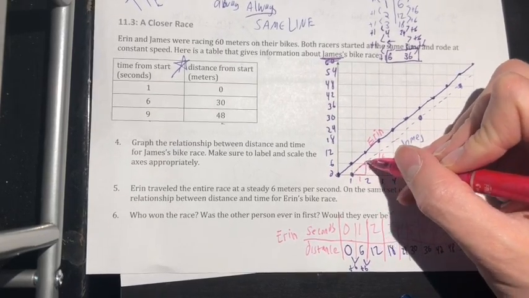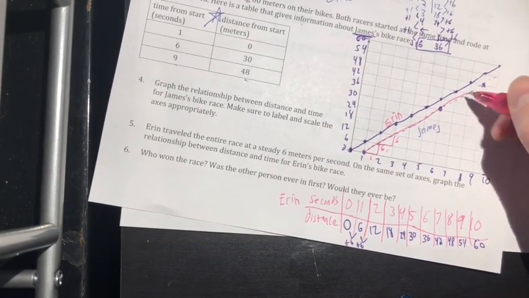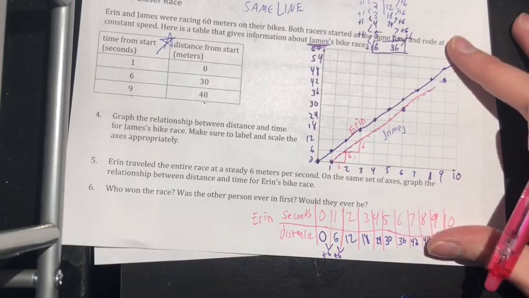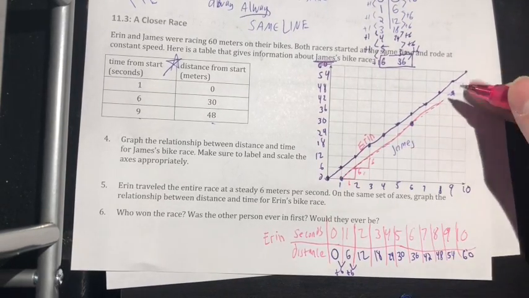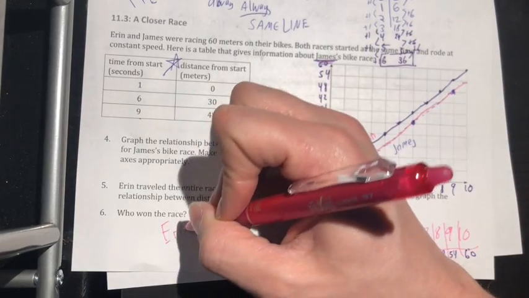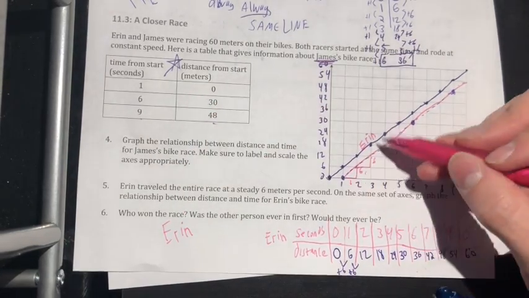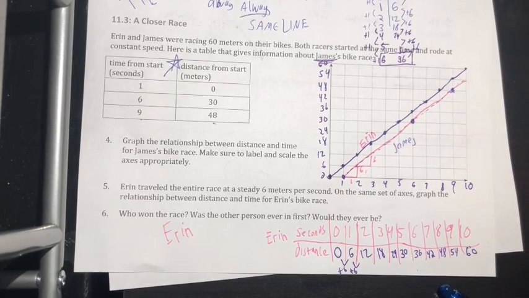These lines are parallel. They're never going to meet. So it looks like she started out a second before he did, and they're just going the exact same speed. So it looks this time like Aaron won the race, and he is the same distance behind her at all times. I'm just noticing interesting things about graphs there.